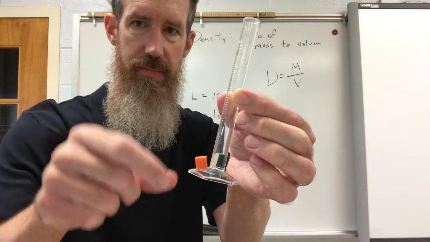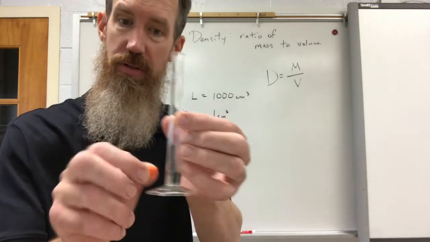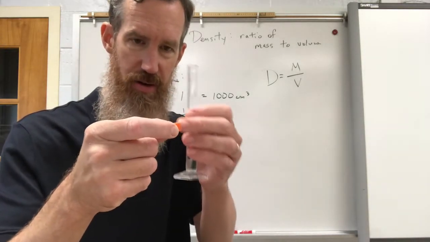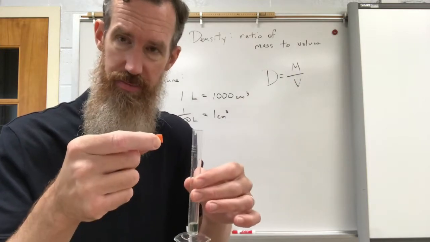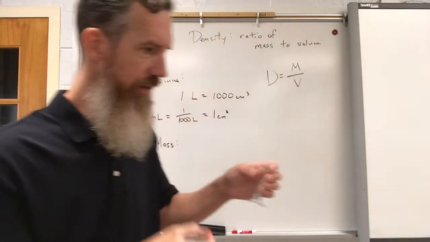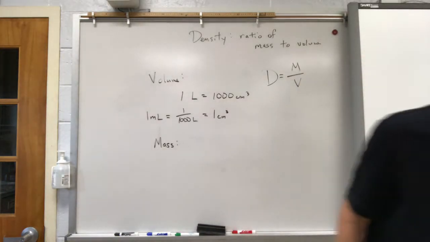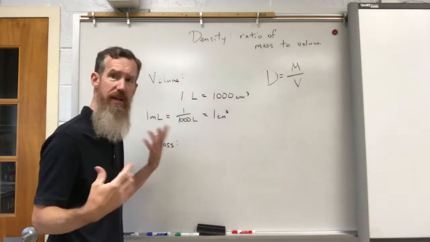See if I get it to stay. Okay? So if I were able to take this little box and empty it or make it all just sides and not fill the middle, I'd be able to pour this liquid into this little box. So 1 milliliter is equal to exactly 1 centimeter cubed. So we're going to interchange these.